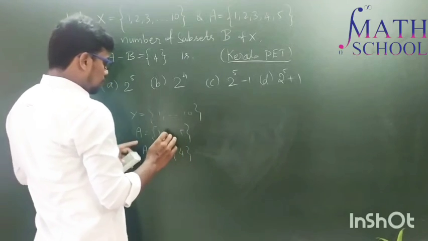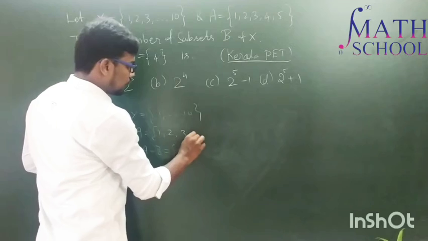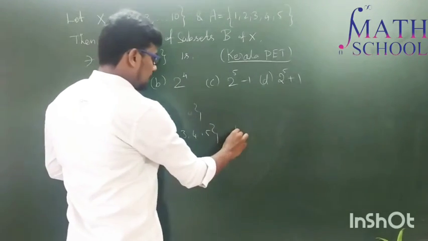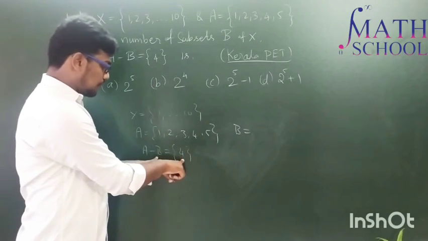Now from the given data, A has 1, 2, 3, 4 and 5, right? A minus B has only 4.